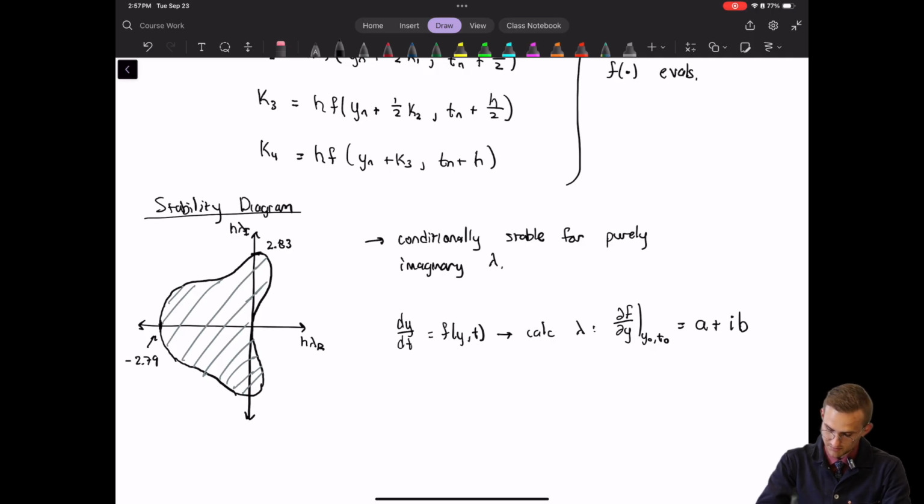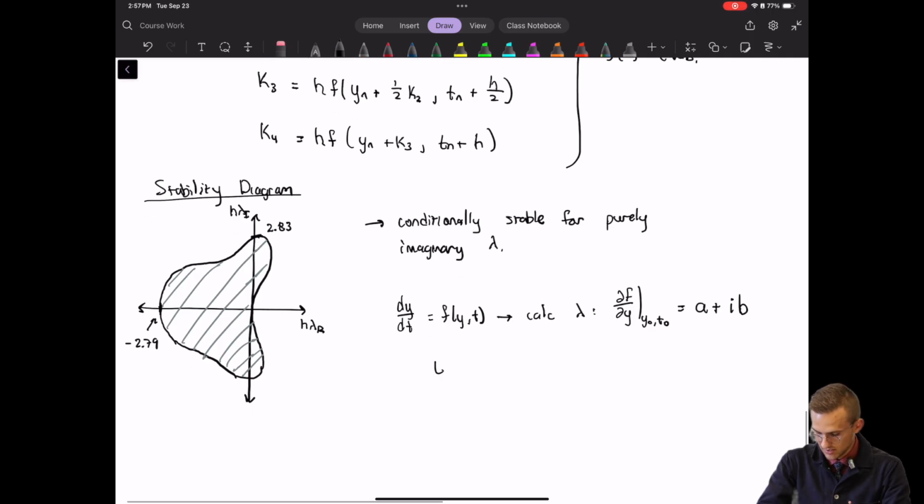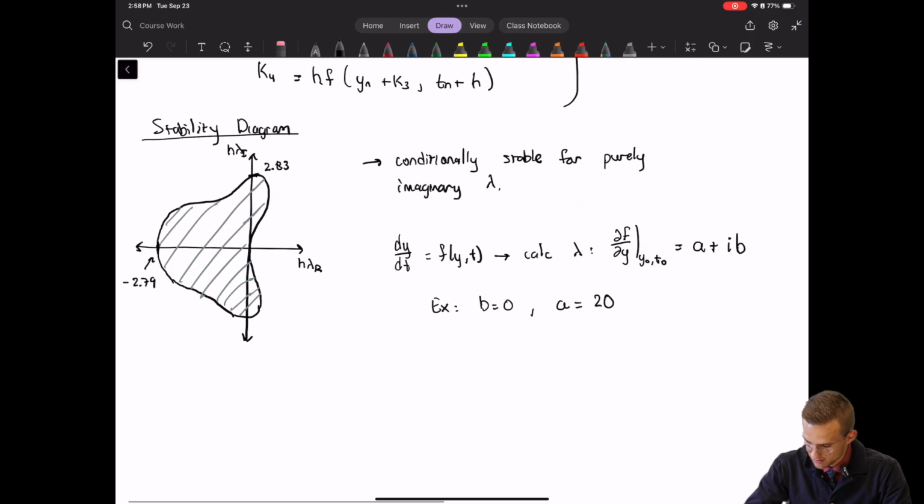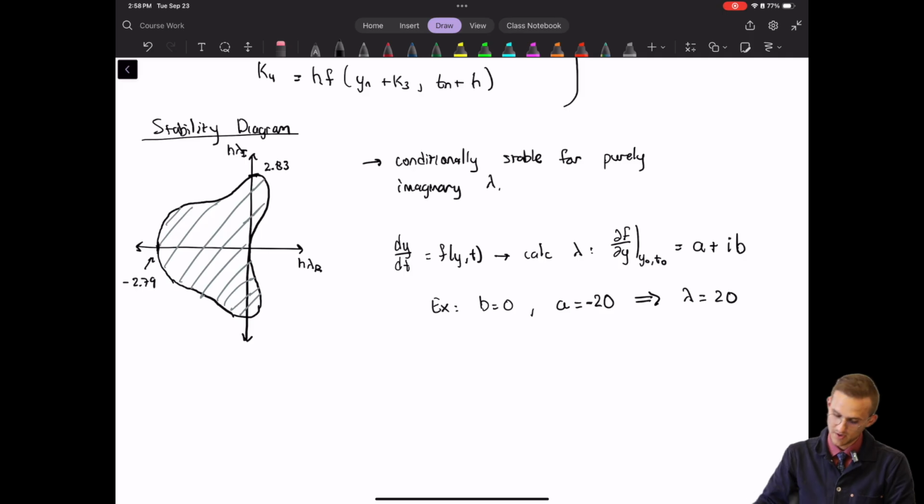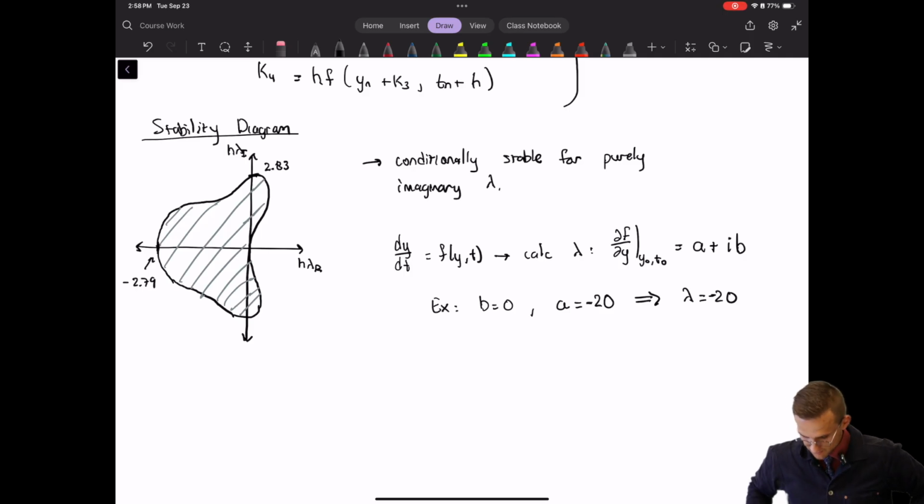So for example, b is equal to 0 and a is equal to minus 20. Then you know that lambda is equal to minus 20.